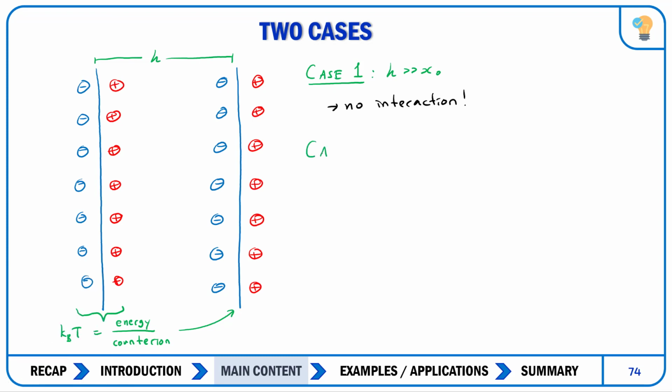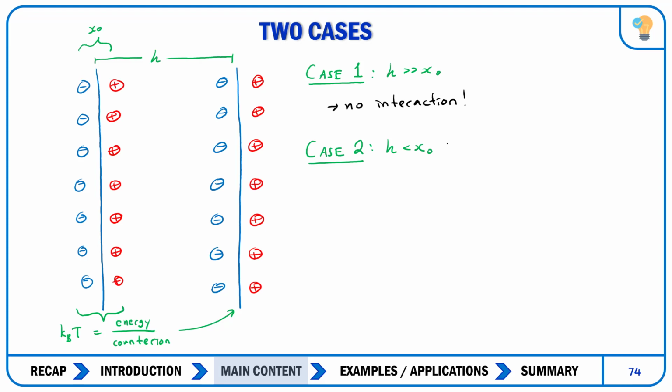Now, case number 2, we're going to say H is really small. It's a lot smaller than the width of each of these, so this would be your x naught.